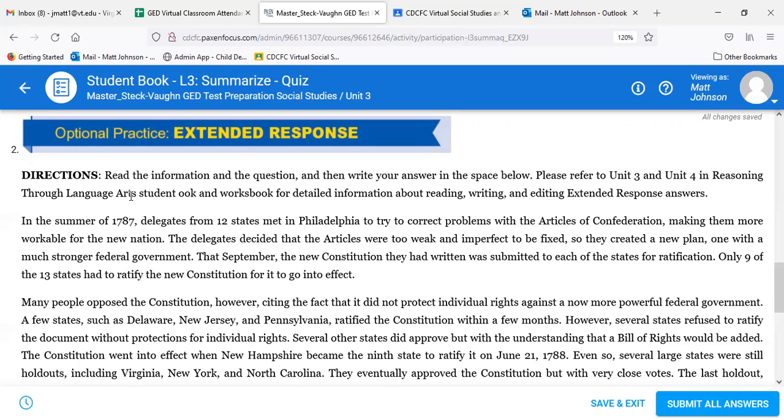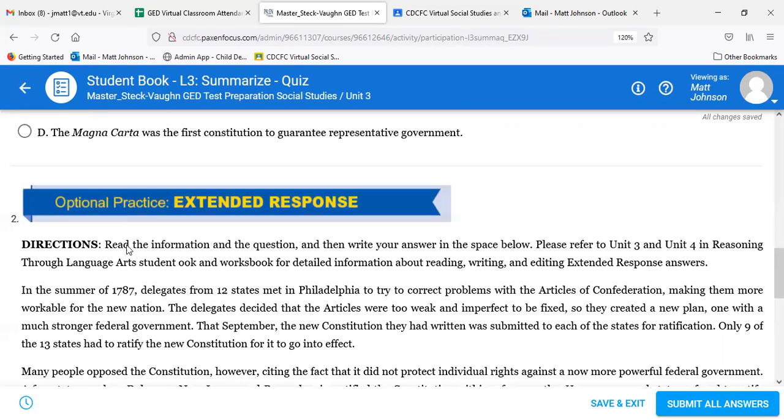The other detail was the why. Why were they meeting in Philadelphia? Initially to correct problems with the Articles of Confederation. Boom, there you go, right? Or you could say to fix problems with the Articles of Confederation.